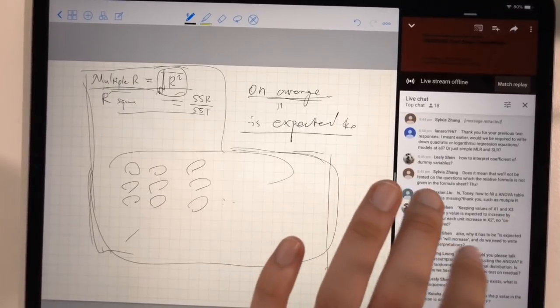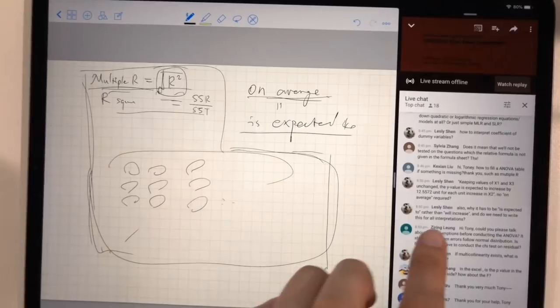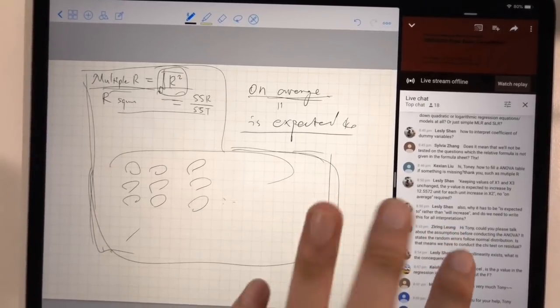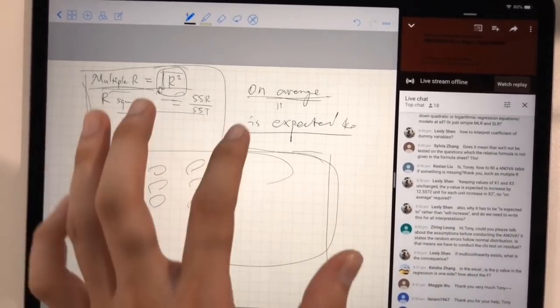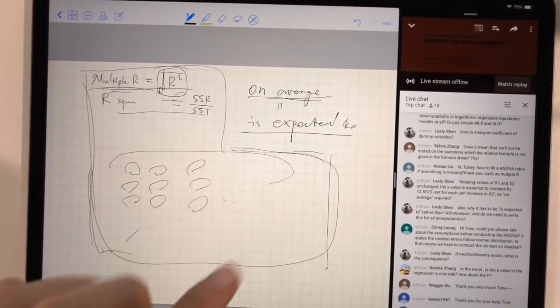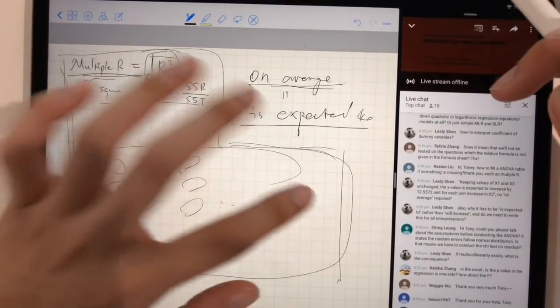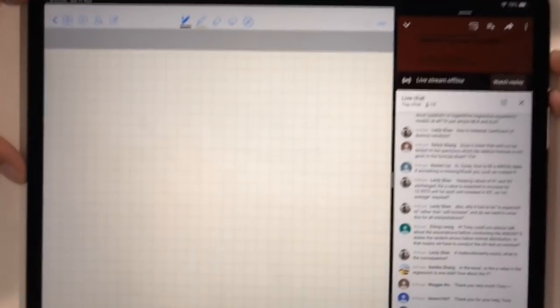Leslie Shen is asking, why does it have to be 'expected to' rather than 'will increase', and do we need to write this for all interpretations? Yes, we do need to, because it's never 'will increase', right? For example, well, let me have a new piece of paper.